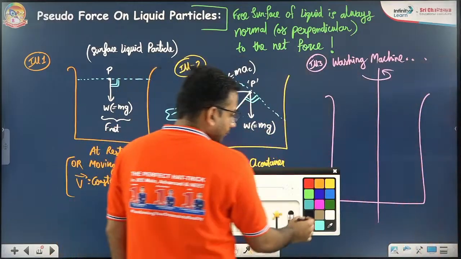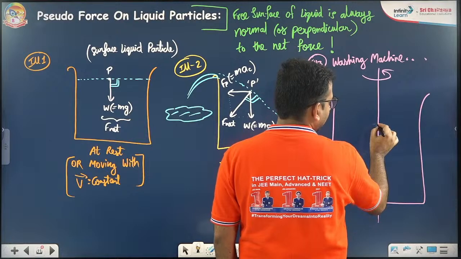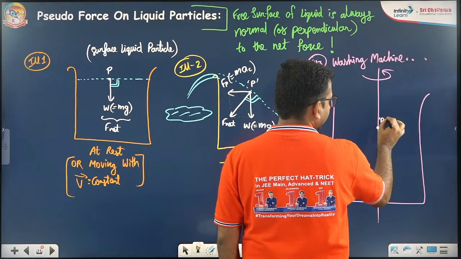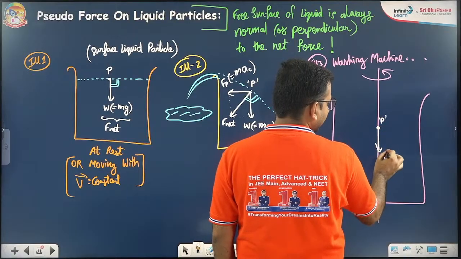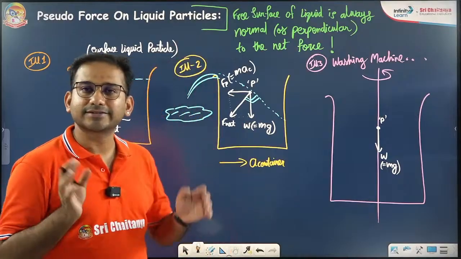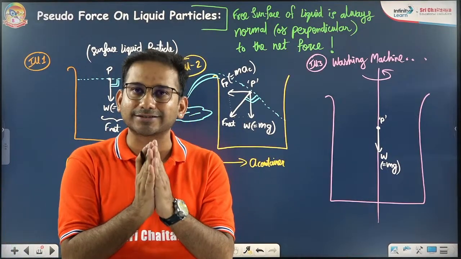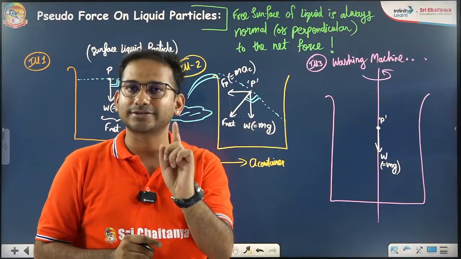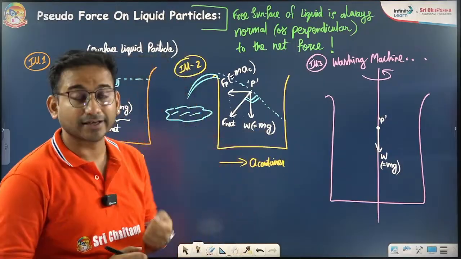If I consider a liquid particle P on the axis, it is only experiencing W, which is equal to mg. No centrifugal force, because particles exactly on the axis won't move in a circle; they just experience gravity.